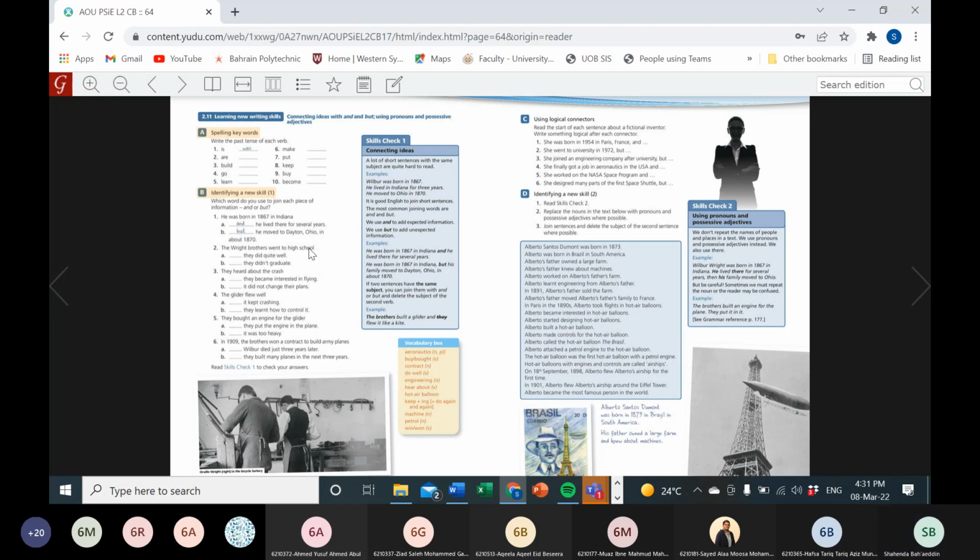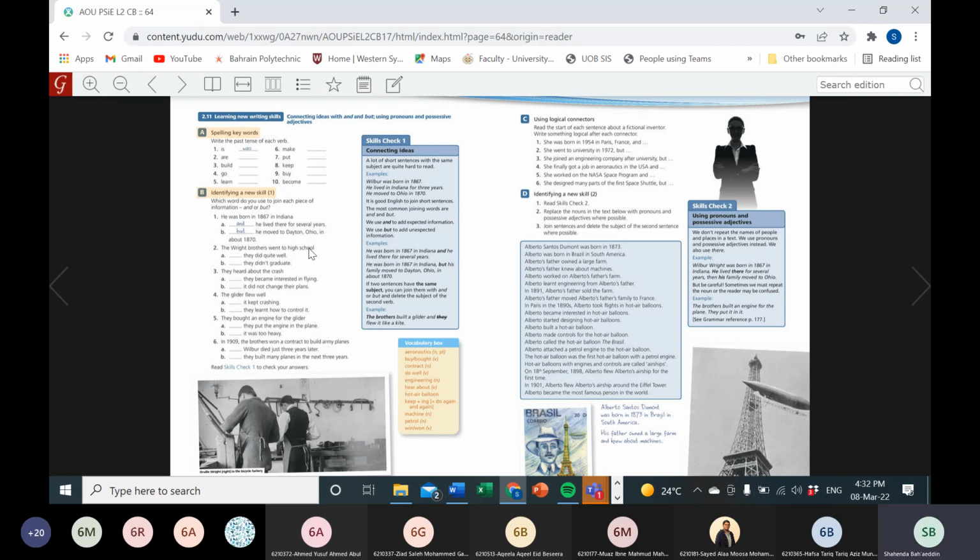No. "And" is to add expected information, extra expected information. For example, I like eating bananas and strawberries. And I like playing tennis and watching television.